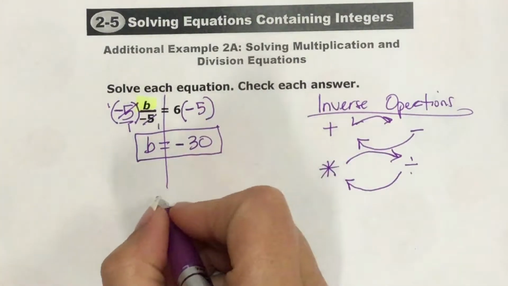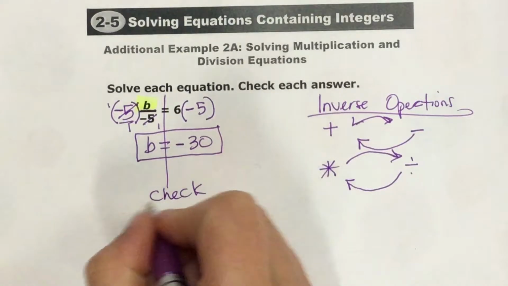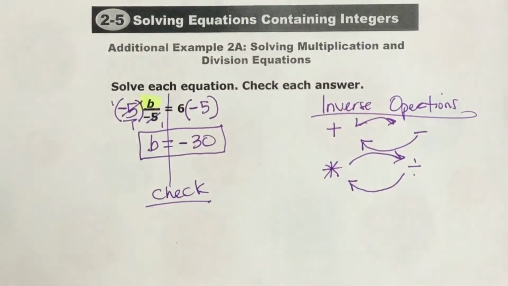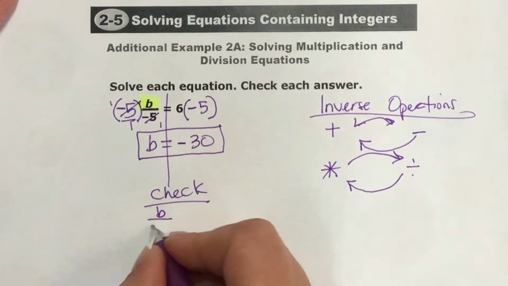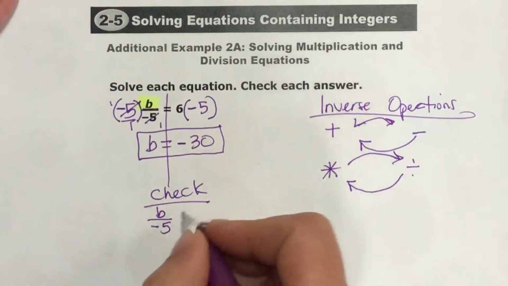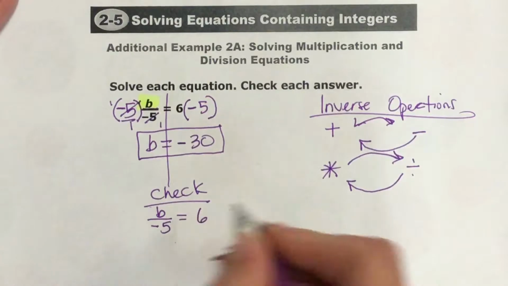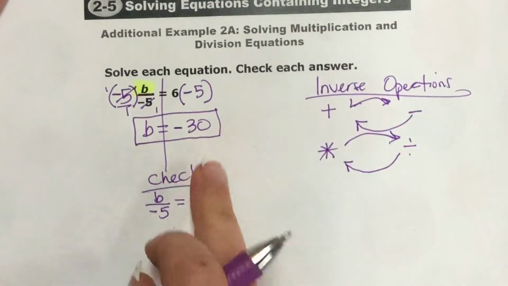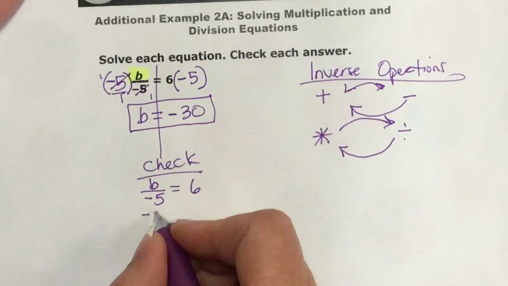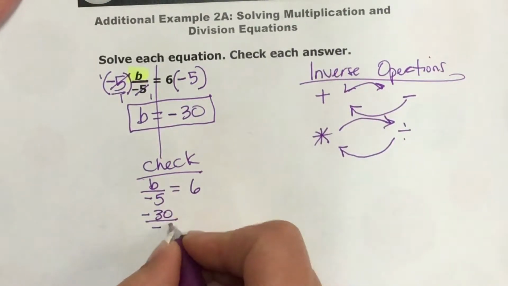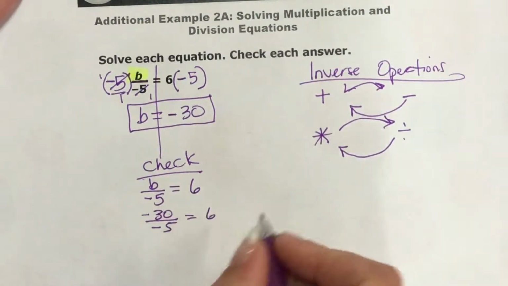Now we need to check our answer. So we're going to write the word check, and we're going to write the original equation, which is b divided by -5, or b over -5, equals 6. And we're going to substitute -30 in for b. So -30 divided by -5.